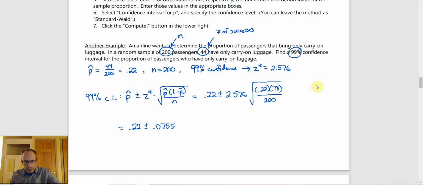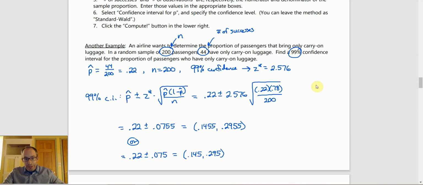So then what you'll get would be the interval from 0.1455 to 0.2955. Or I think if you round this to 3 places, which is actually going to be a little more conventional here, you'd have 0.22 plus or minus 0.075, which would then give you the interval from 0.145 to 0.295. And there's the interval, right?